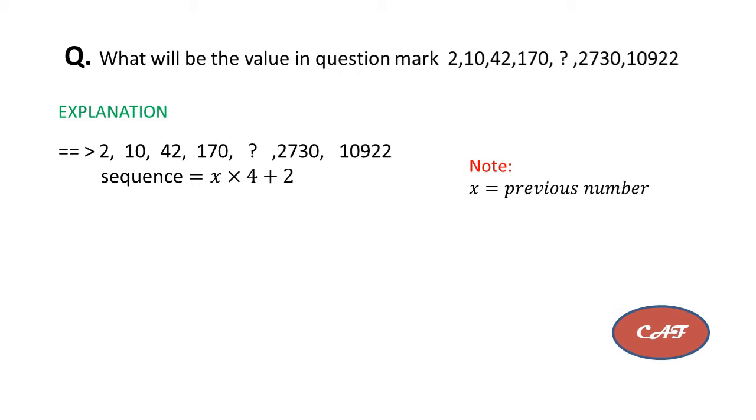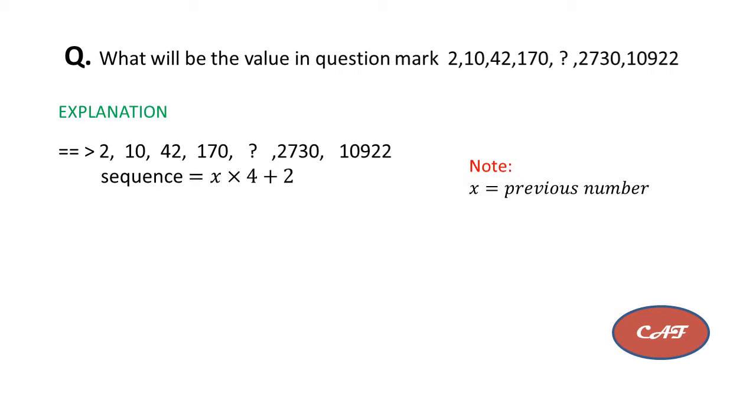So we take the previous number into 4 plus 2, then the next number will come. For example, 2 into 4 plus 2, 10 will come. 10 into 4 plus 2, 42 will come. 42 into 4 plus 2, 170 will come.